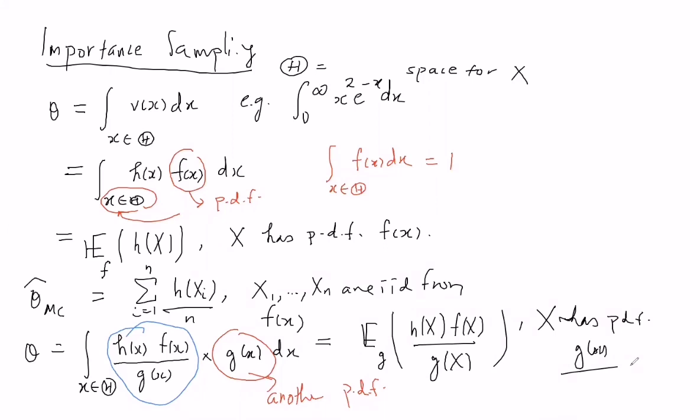It's just one additional step where we introduce another density function, and we take the ratio h(x) f(x) over g(x). So far so good, everyone?